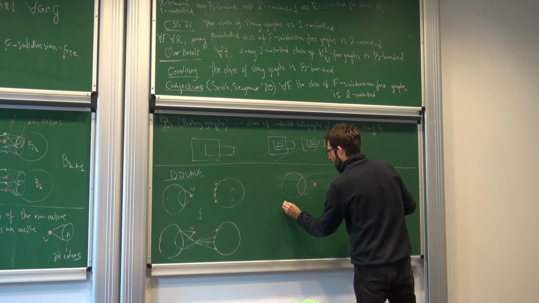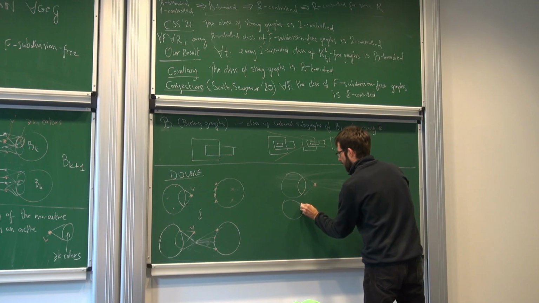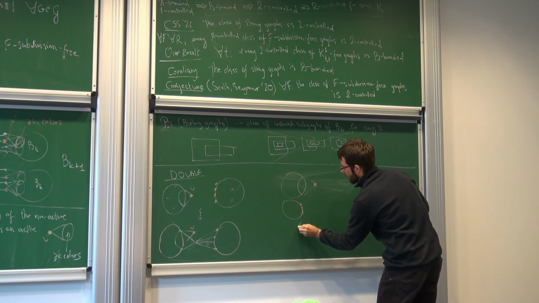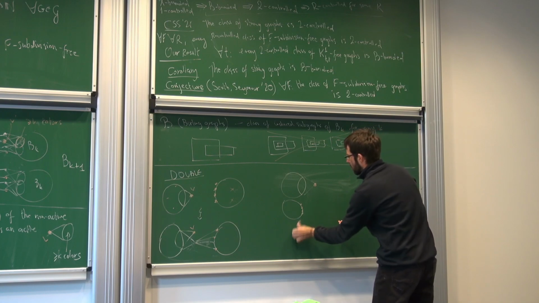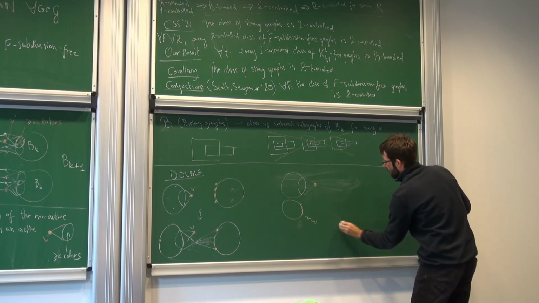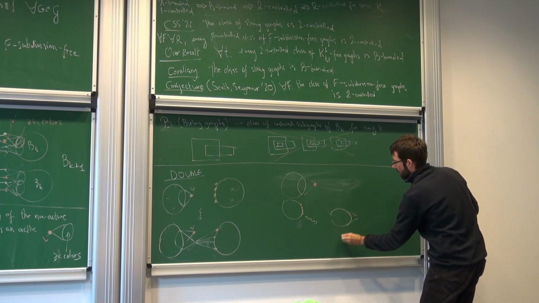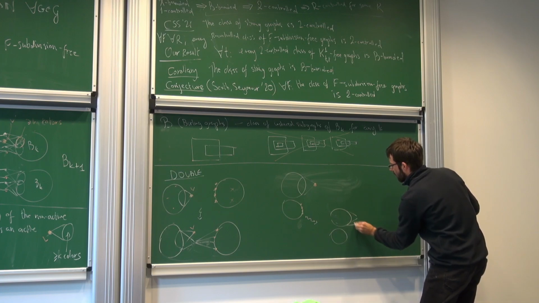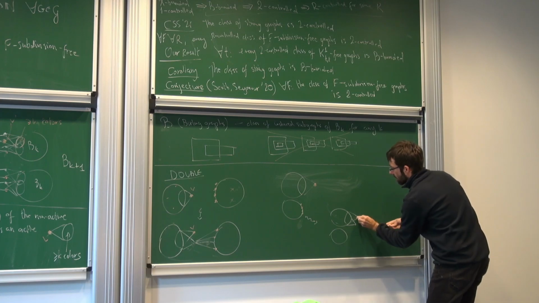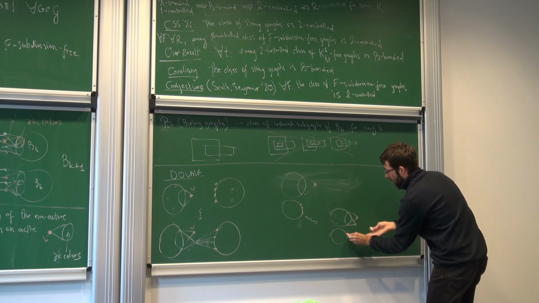So we start with, let me draw it this way. And we turn it into this graph. Another copy here. And this is here. This other copy.